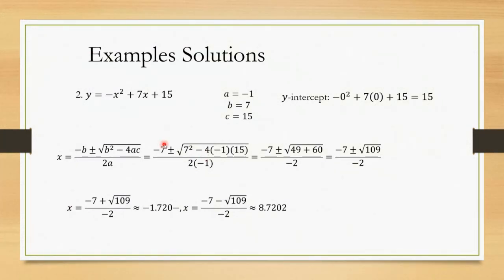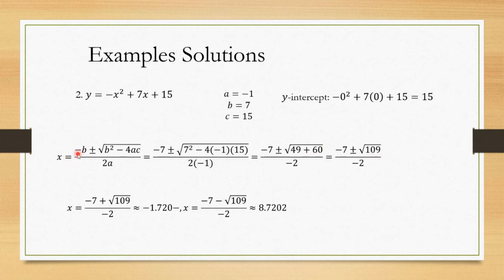We just substitute, right? And again, we have our confirmation that we are right that there are x-intercepts. How do we know that? Because when you plug it in, you can see that the square root here is going to be positive. I mean, 109 is not a perfect square, but that's okay.